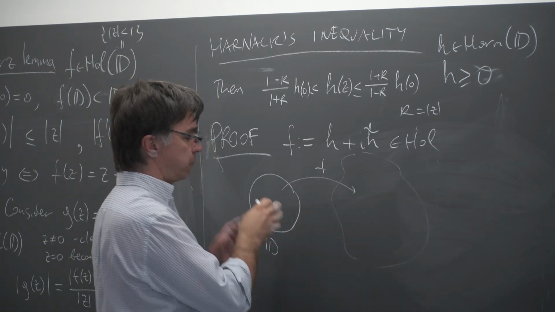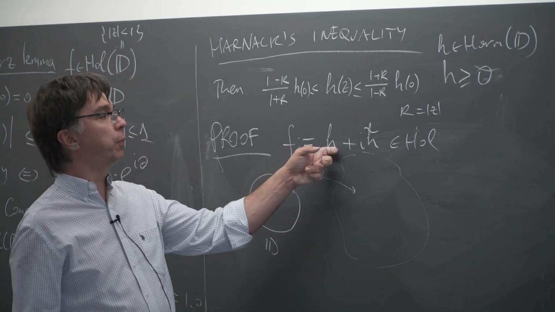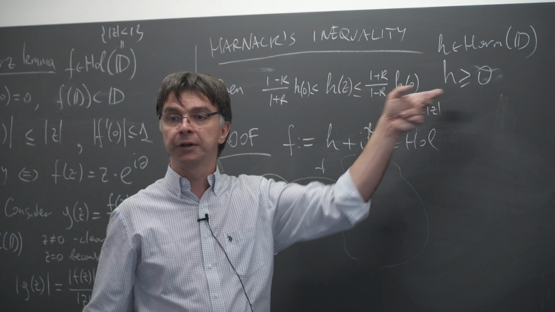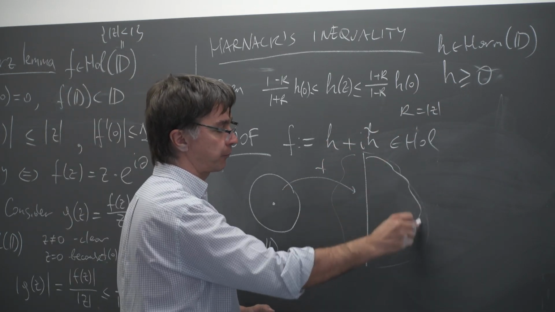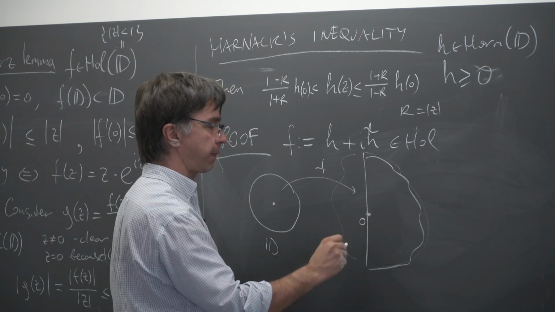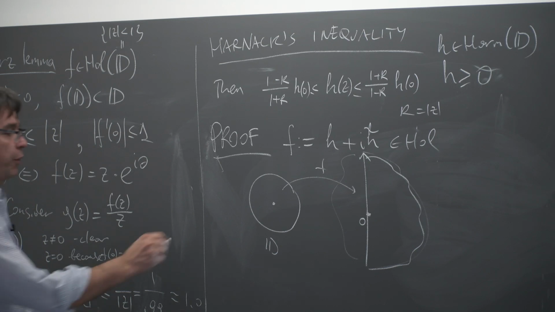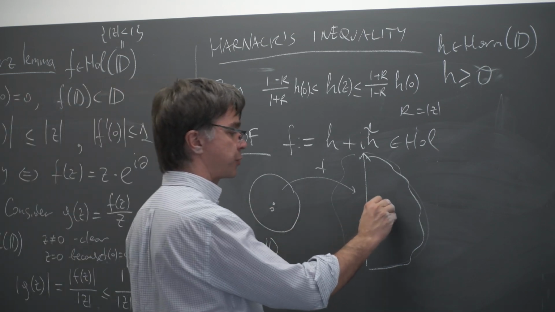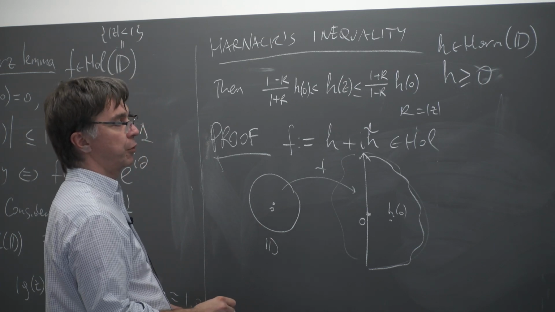It sends it into the plane, but what do we know? We know that the real part is positive. So it sends not just into the plane, it sends into a half plane. And the point 0 is sent to the point h(0). Let me just do the following thing.